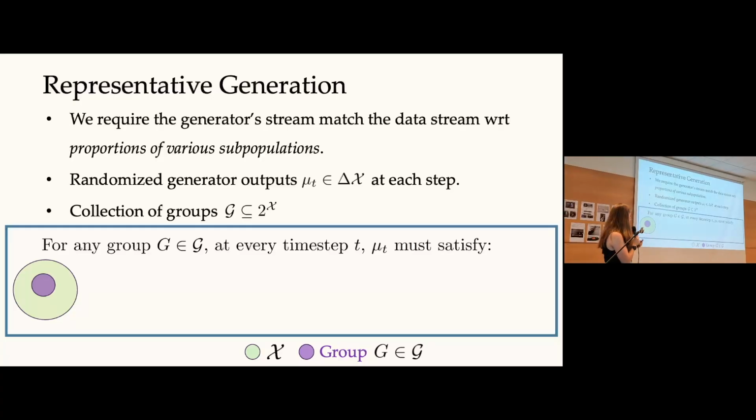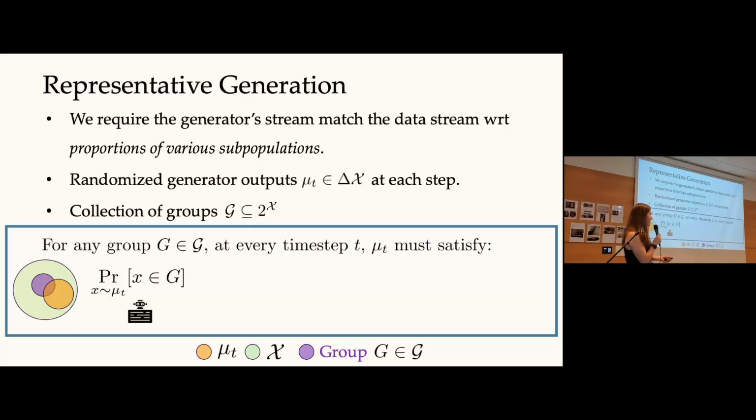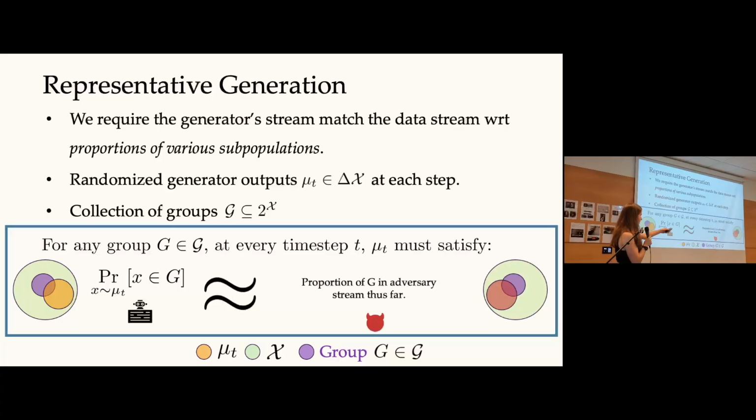For any group, we can look at the proportion of mu t that actually consists of members in that group G. What we're going to require is that if we look at the same thing for the adversary, the set of points that the adversary has outputted so far, the proportion that the generator is placing on G is very similar to the proportion outputted by the adversary. Mathematically, it will look something like this.